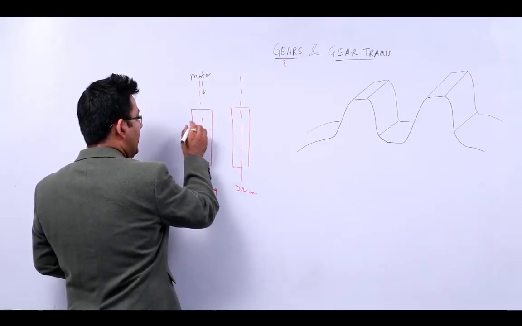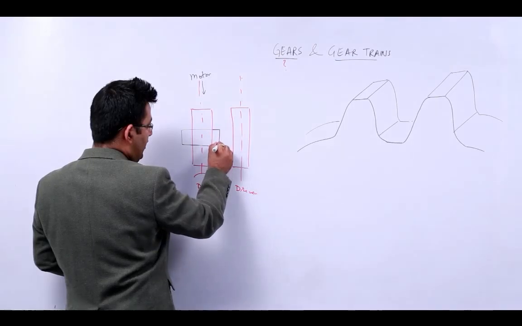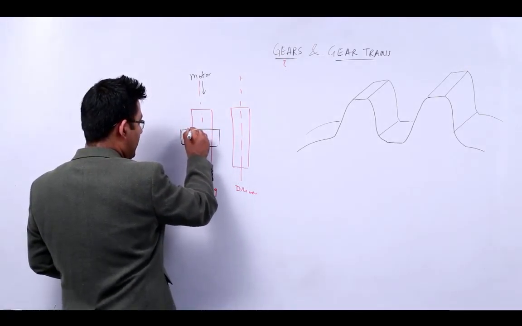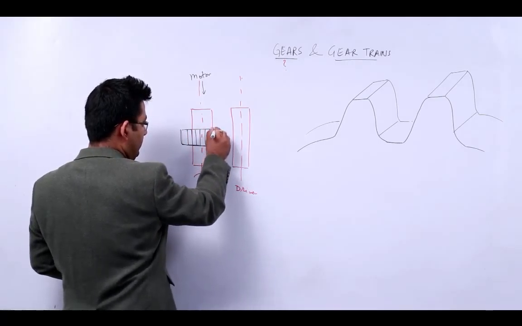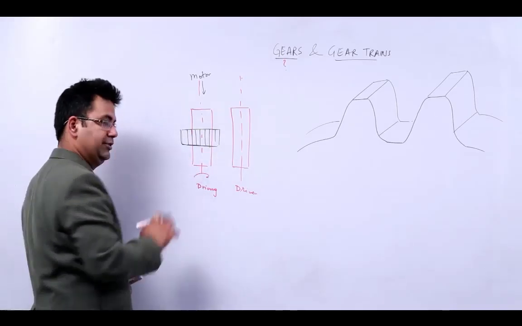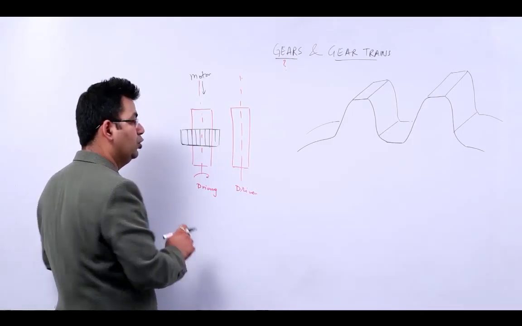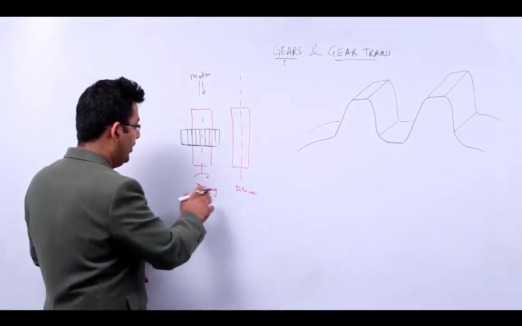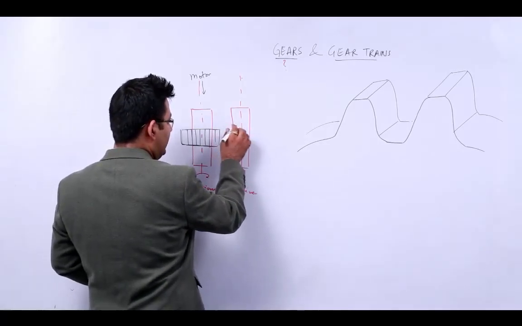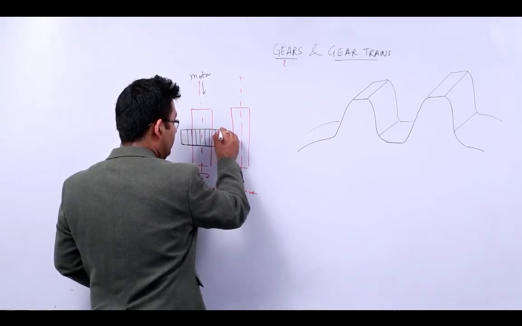So, if I mount a gear onto this, this is the gear, this is the top view, and these are the teeth of the gear. Now the gear rotates. The gear and the shaft have an interference fit, so there is no relative motion between the driving shaft and the gear mounted on it. Then I install a gear onto the driven shaft, like this.